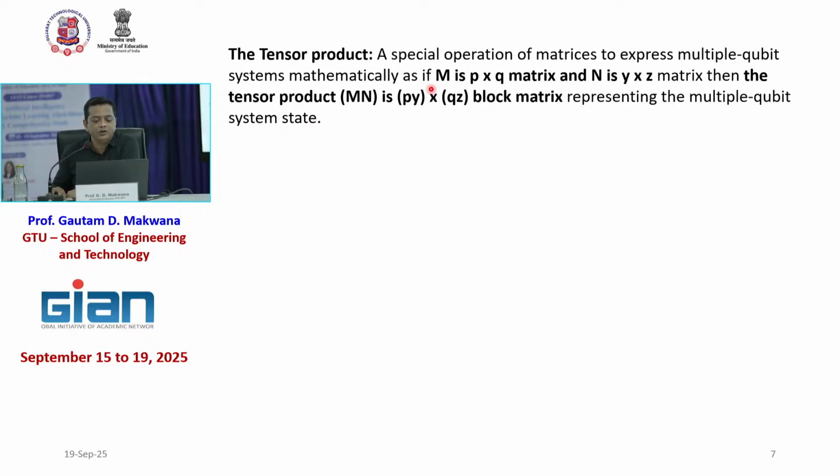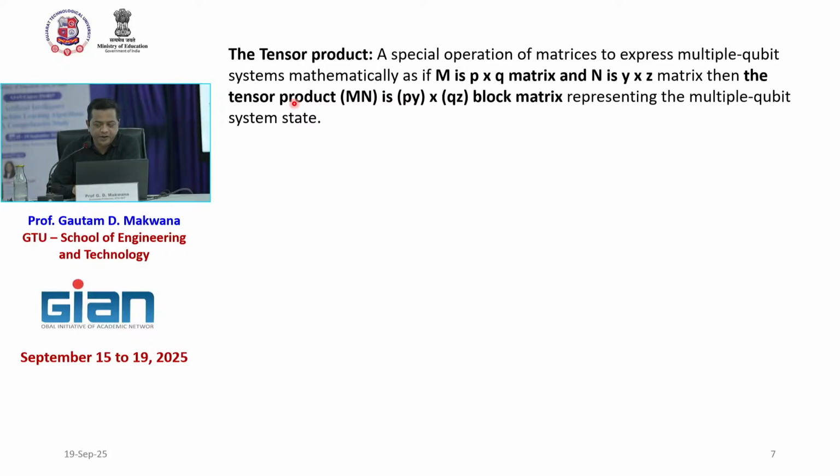So you can get the idea here. Matrix M is P cross Q and N is Y cross Z. Then this P into Y cross Q into Z matrix, if you do this kind of matrix multiplication, is known as your tensor product.